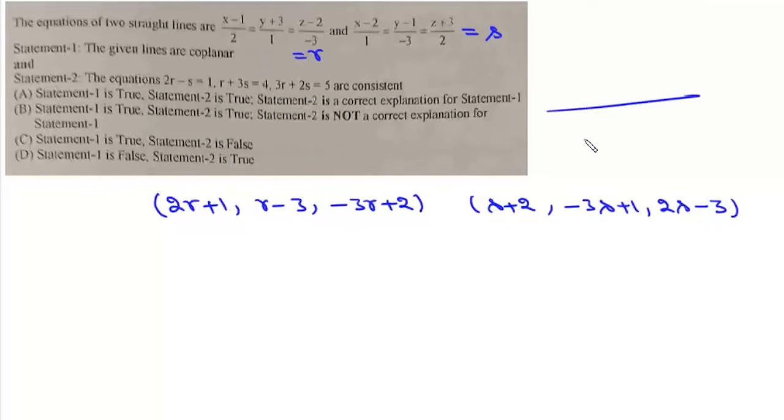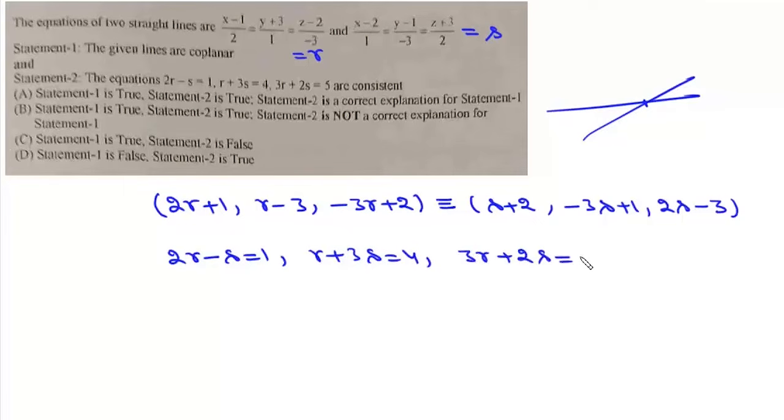Now, if these two lines intersect, then we'll have one point where the coordinates are the same. So we'll get three equations: 2r minus s equals 1, r plus 3s equals 4, and 3r plus 2s, which is the same as equation 2 or statement 2. Now we'll see if this system of equations is consistent. I will multiply the first one with 3, so we'll get 6r minus 3s equal to 3.